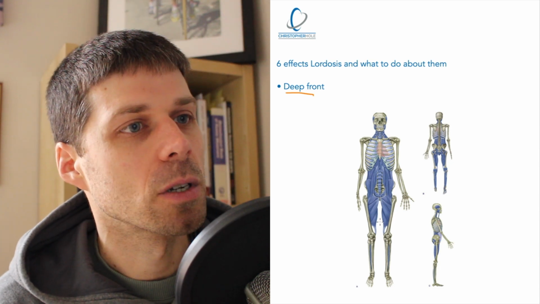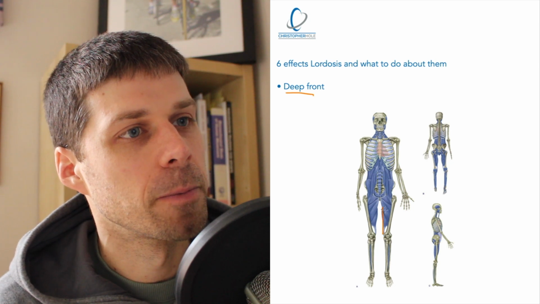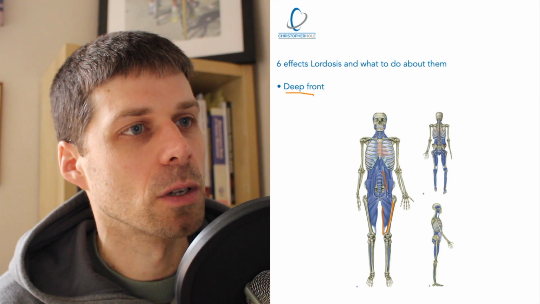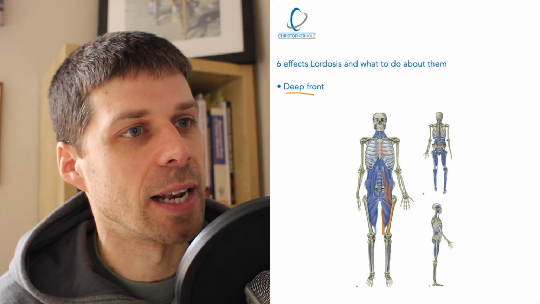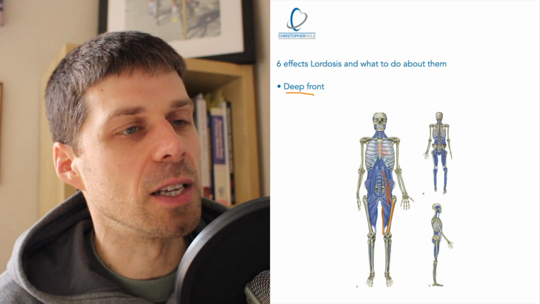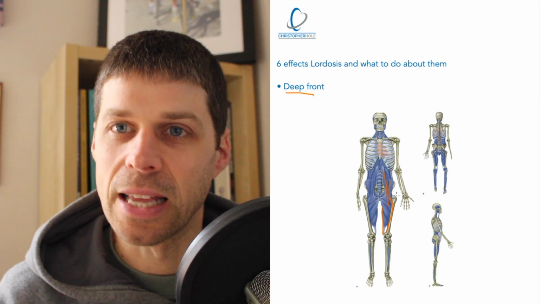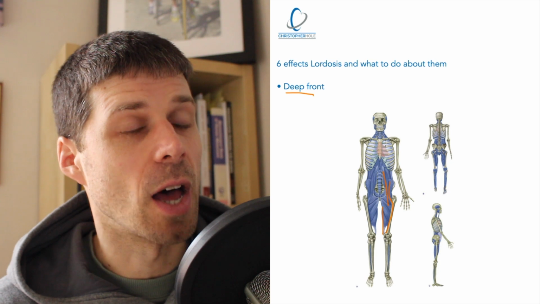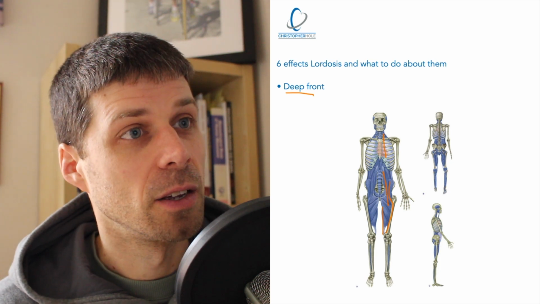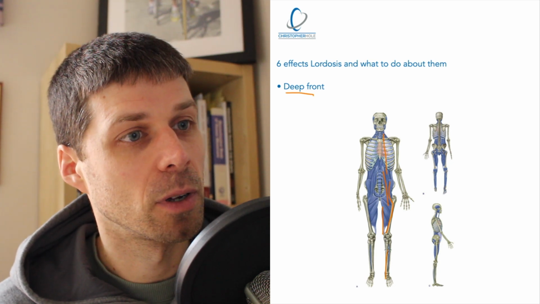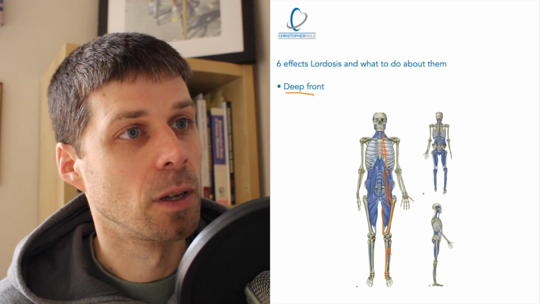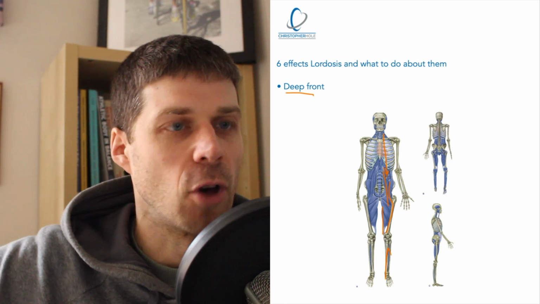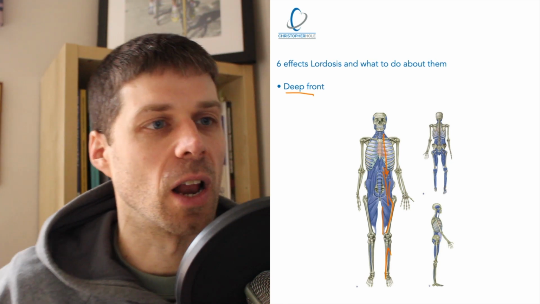Because we've got the adductor group, which can pull the knee inwards. We've got the psoas, the iliacus. All of these muscles come together in this line to create what is essentially global tightness, you could say, from top to bottom, creating a body that has tightness all the way through this line.